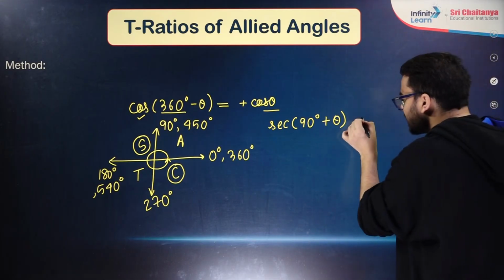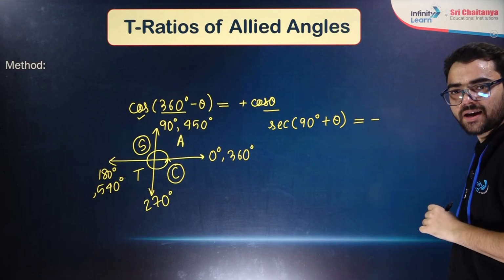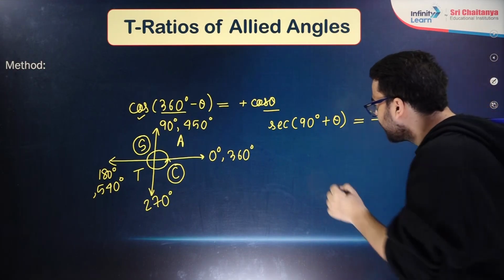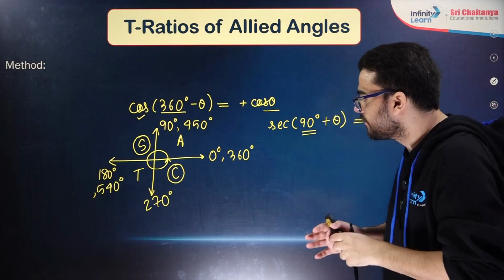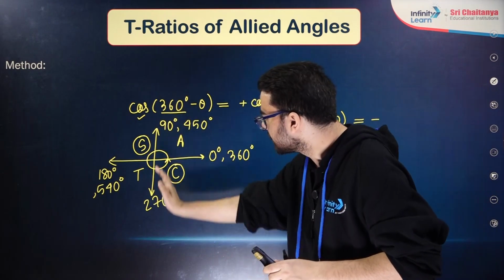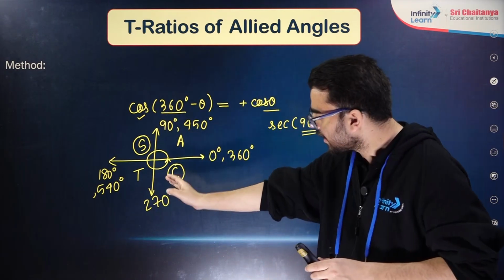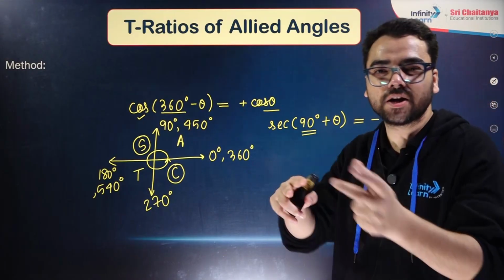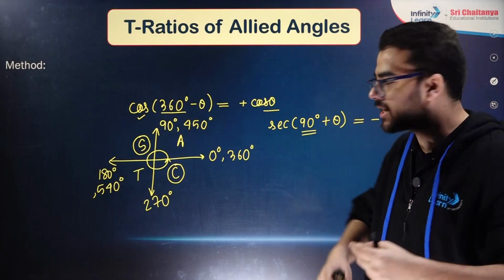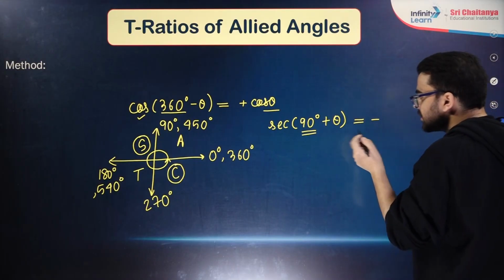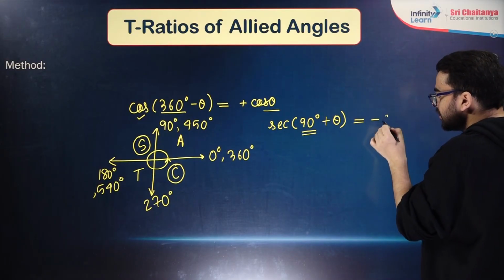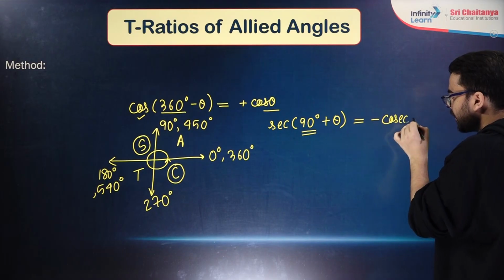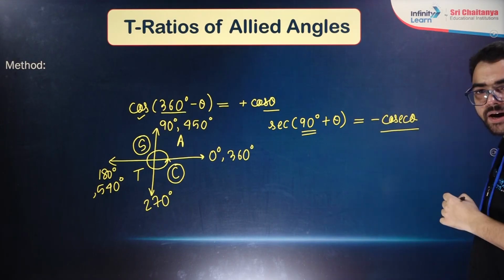So over here the answer will be negative, correct? Now when the reference is vertical, that is 90, 270 and these angles, then the trigonometric ratio will change to its co-function, as I was discussing in the previous class. So sec will change to cosec. So the answer will be minus cosec theta.